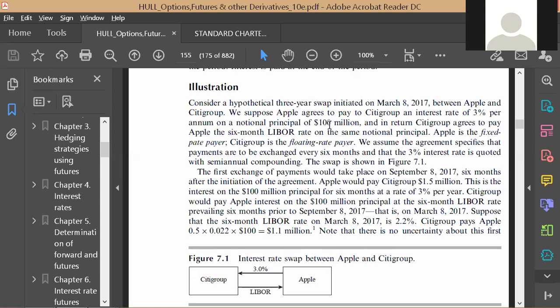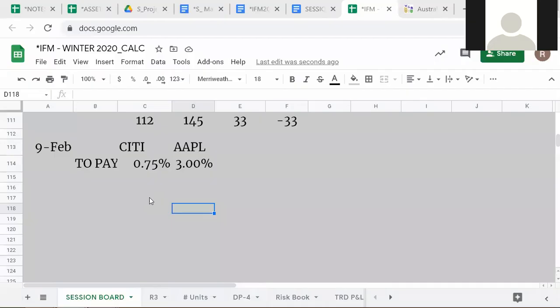That's why you need the notional principal, because the interest rate payments have to be applied to some principal amount, since these are percentage figures. So in the case of gross settlement, Apple would have paid 3% times 100 million, and Citi would have paid 2.2% times 100 million. But that's not how it is done actually. It is net settlement. So we determine who owes more money, in this case, Apple.